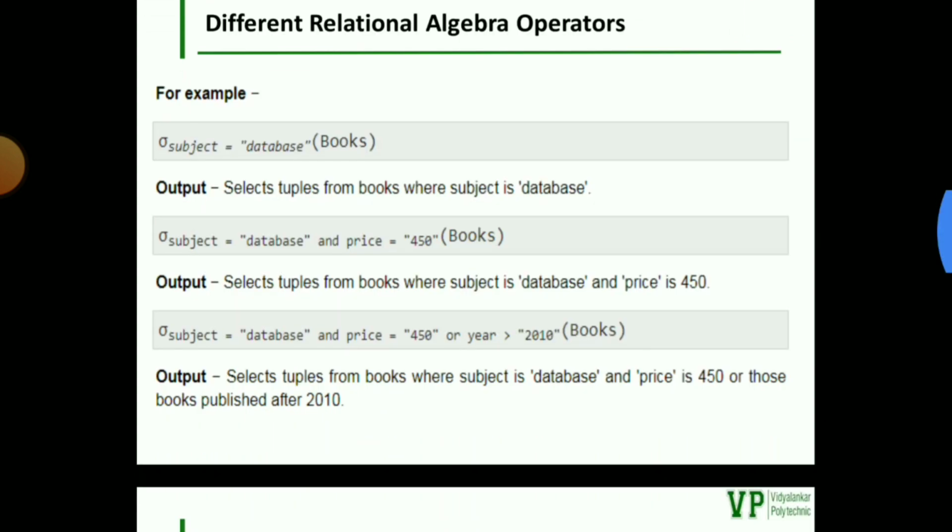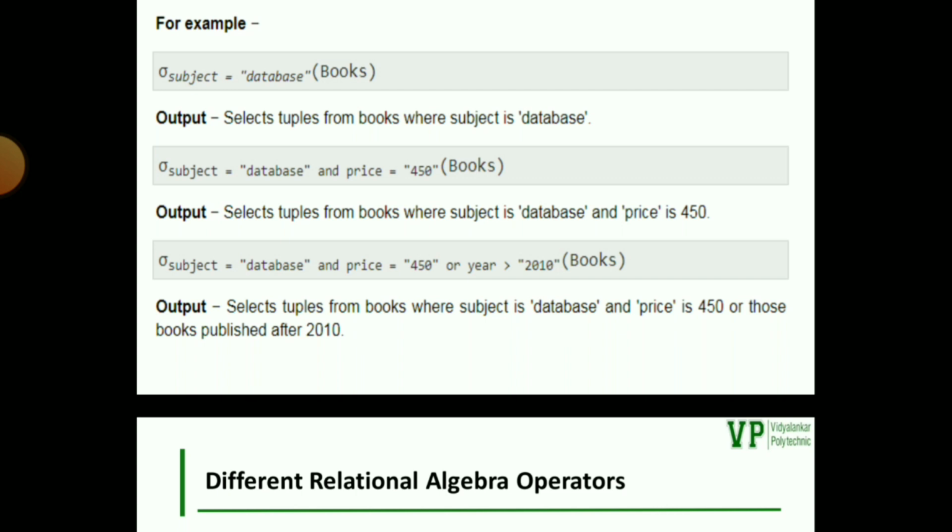Okay. Now another query is select operator subject is equal to database and price is equal to 450 from books. Again, the condition is in subscript, below the books line: subject is equal to database and price is equal to 450. Subject is our column name, database is our value, and price is again a new column name, and then we have 450.